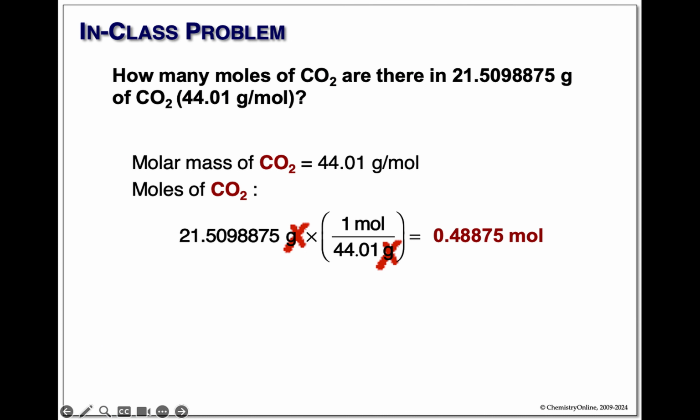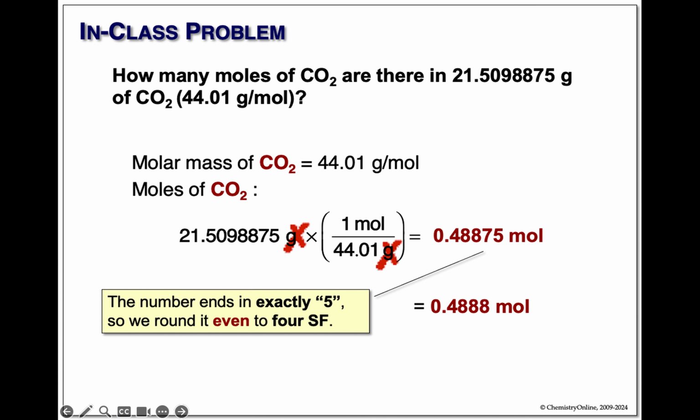There's a rule for this. The rule is simply you round even. If it ends in exactly 5, you round even. That way you're rounding up half the time, down half the time. So this rounds to 4888. Remember that. That is useful to remember too.